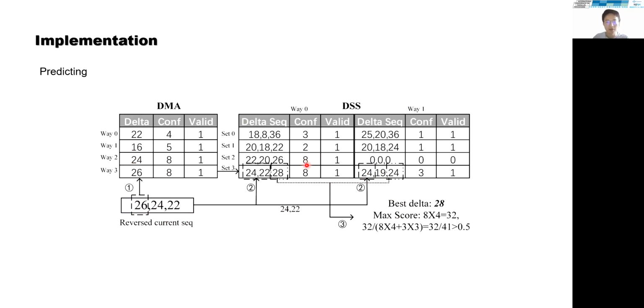The deltas 28 and 24 are selected at weight 0 and weight 1 of set 3. Third, Matryoshka applies the adaptive voting strategy in our configuration. Then the best delta 28 is selected to prefetch.